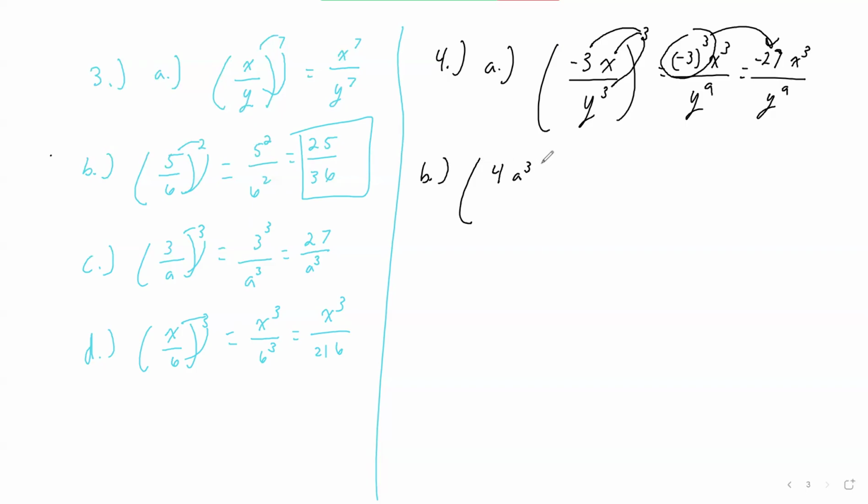4a cubed b squared over a to the 4th b, all raised to the second power. There are a couple approaches here.